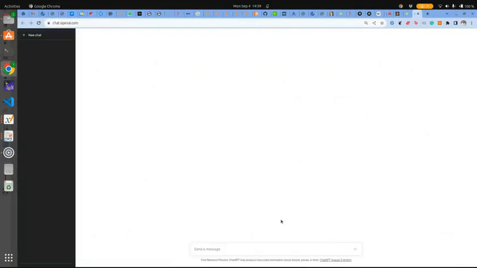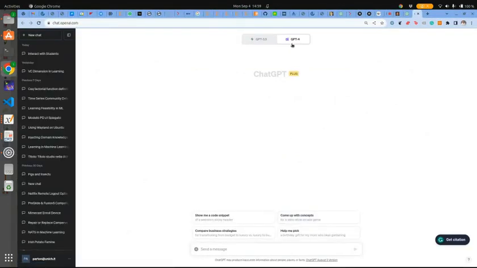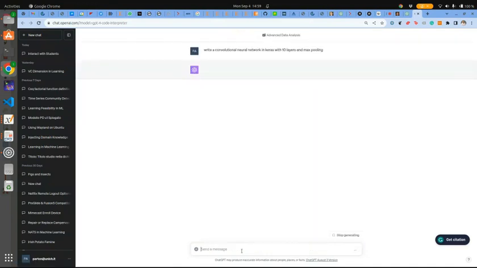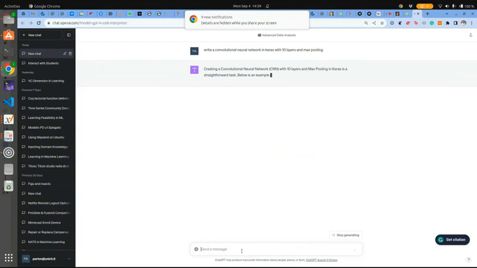So the same thing. You can ask it to write a neural network, maybe a convolutional neural network with n layers and max pooling. Good.